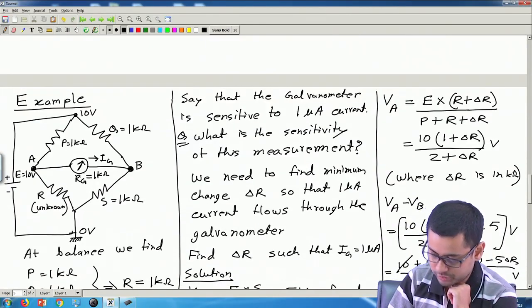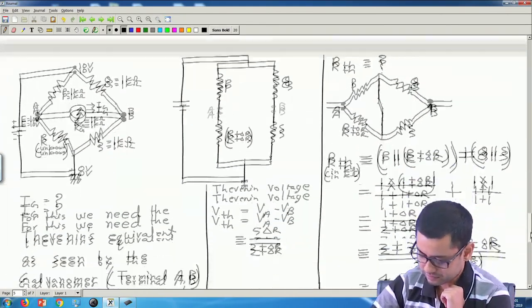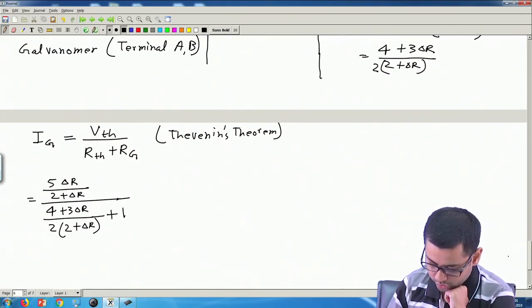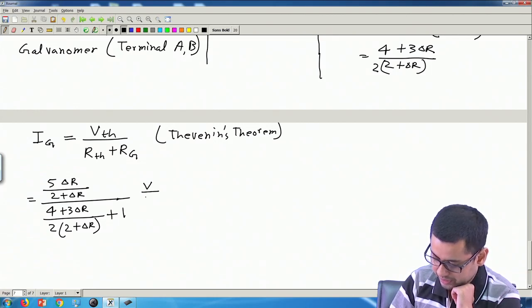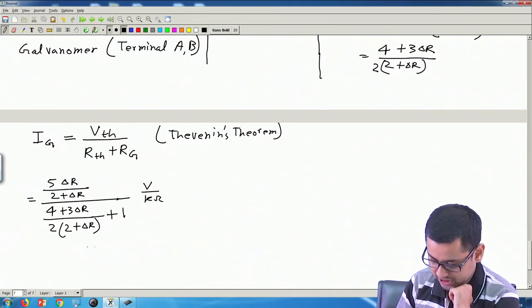Rg is given to be 1 kilo ohm. So the lower part, everything is in kilo ohm. This is in volt, so the unit will be like volt by kilo ohm.